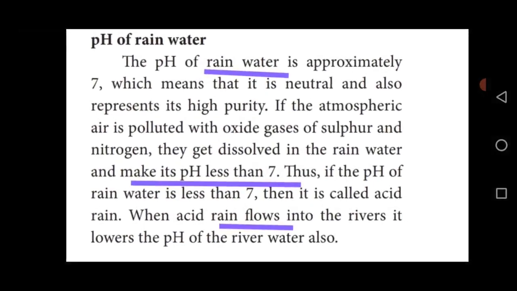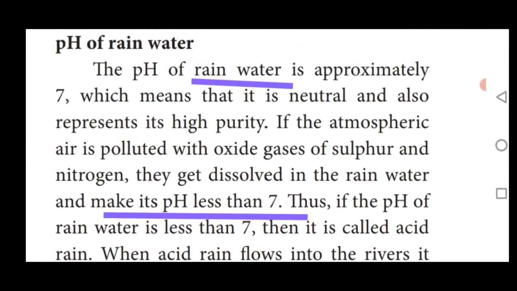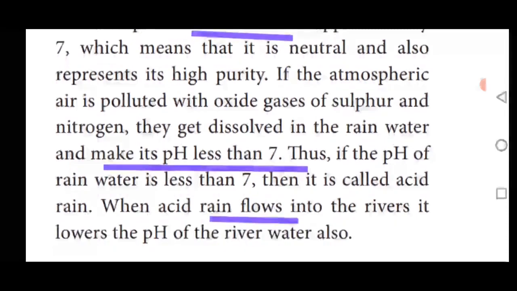Let's see pH of rainwater. The pH of rainwater is approximately 7, which is neutral and also represents high purity. If the atmospheric air is polluted with oxides of sulfur and nitrogen, they get dissolved in rainwater and make its pH value less than 7.